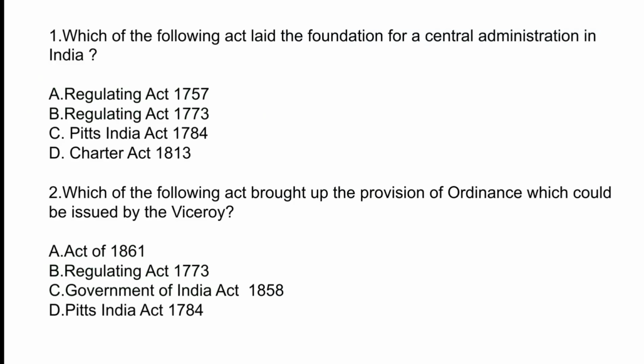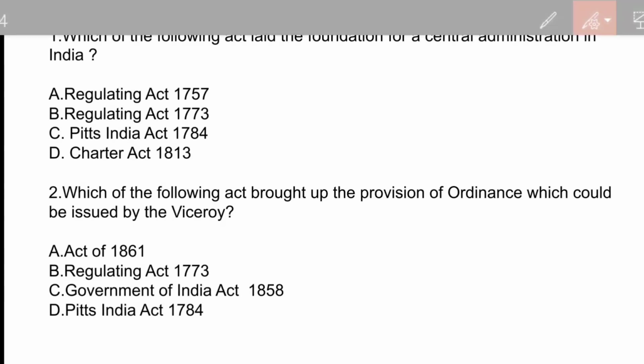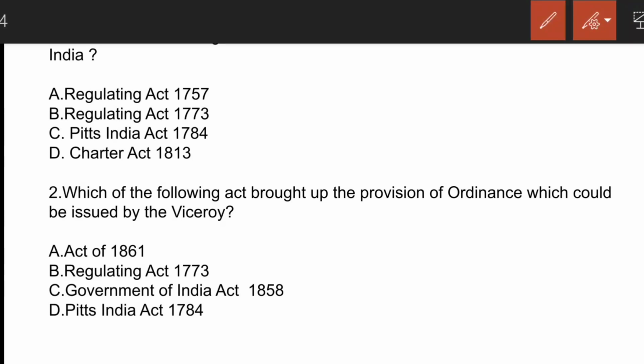Which of the following act laid the foundation for central administration in India? You can pause the video and tick the correct answer. The correct answer here is option B. Now, the Regulating Act of 1773 marked the beginning of a strong central administration in India.